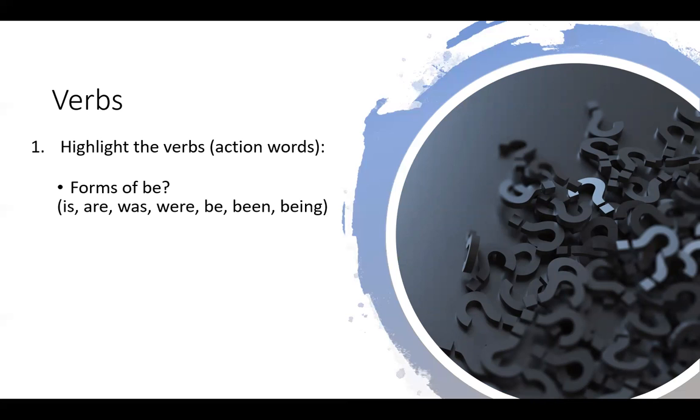I have another activity where I walk you through how to edit, and one of the things we edit for is be verbs. So try to use action. Don't take the agency out of what you are writing. Say who is doing the action and take out those passive verbs.